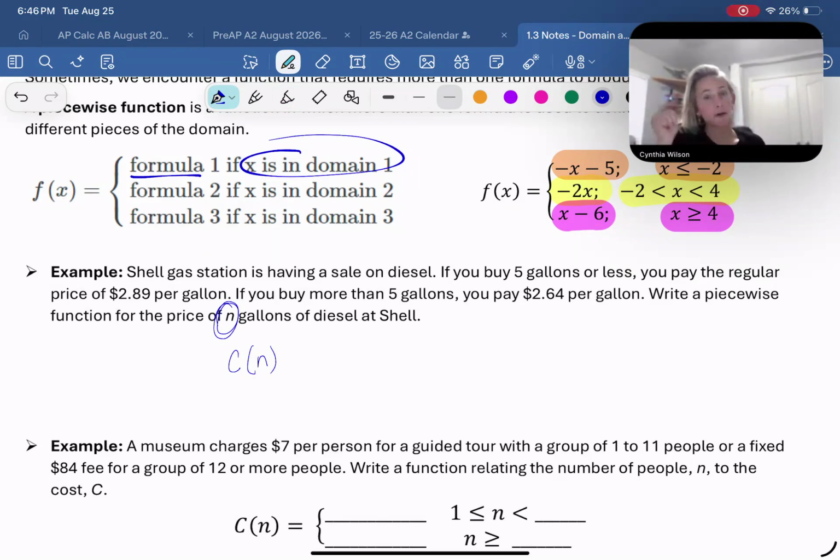You're looking for little phrases that tell you a rate of change. So I have a little phrase right here. It says $2.89 per gallon. I don't know how many gallons. That's why it says per gallon. So we say 2.89 times n, because n represents the number of gallons. But when is that the price?